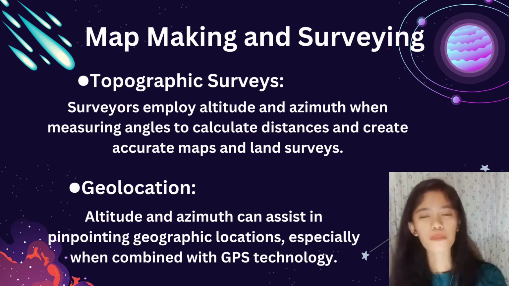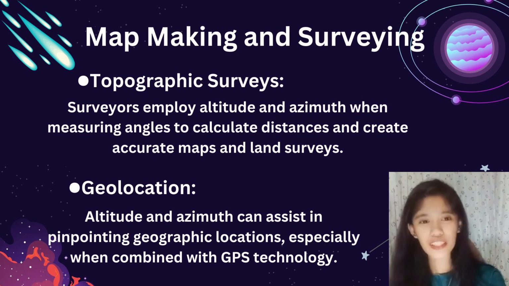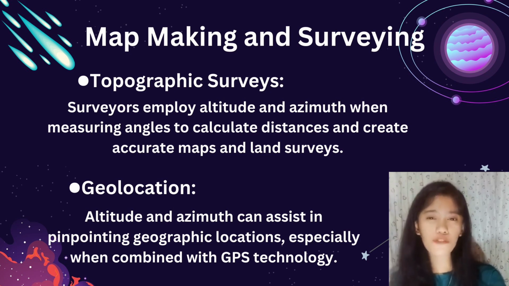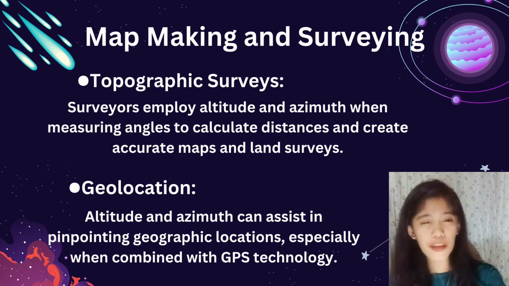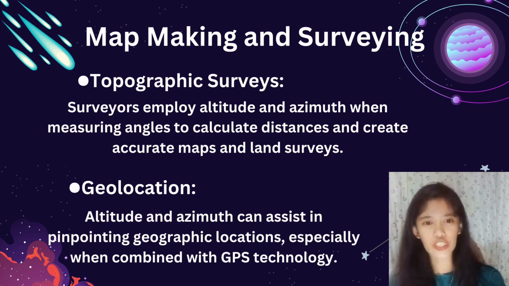So we have augmented reality or AR and location-based services. Applications in augmented reality use altitude and azimuth to enhance user experiences by overlaying digital information on real world views. AR applications can display contextual information based on the user's precise location and direction.